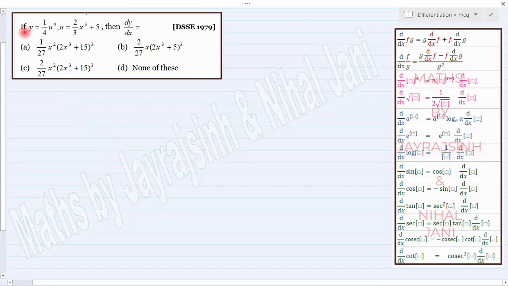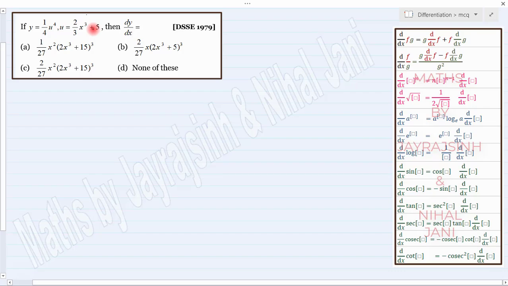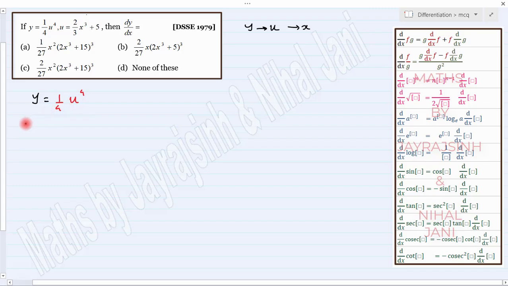Here we have y is equal to 1 upon 4 u raised to 4 and u is equal to 2 by 3 x raised to 3 plus 5, and we have to find out dy by dx. Actually, y is function of u and u is function of x. So we have to apply chain rule. Let's take equation of y, which is 1 by 4 u raised to 4, and differentiate it with respect to x.